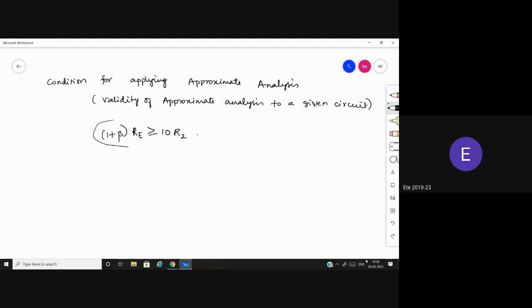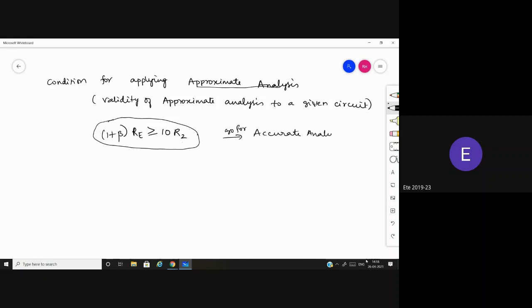If this condition is satisfied, then only you can apply the approximate analysis method. Both these analyses are methods to design an amplifier circuit. In approximate analysis, we consider IB is 0. You can consider IB is 0 if this condition is satisfied. Otherwise, you need to go for accurate analysis.